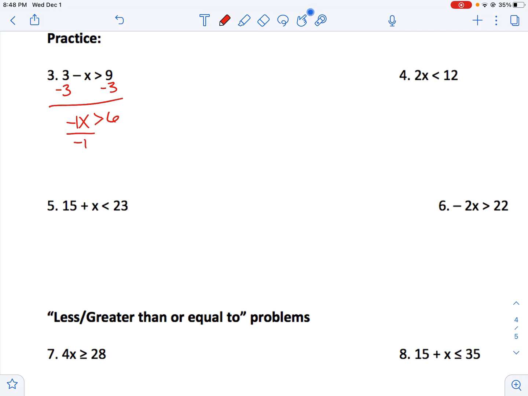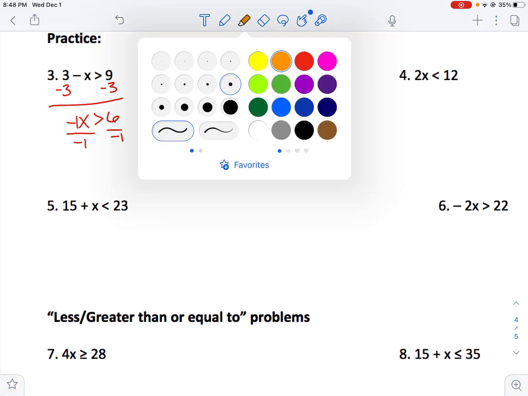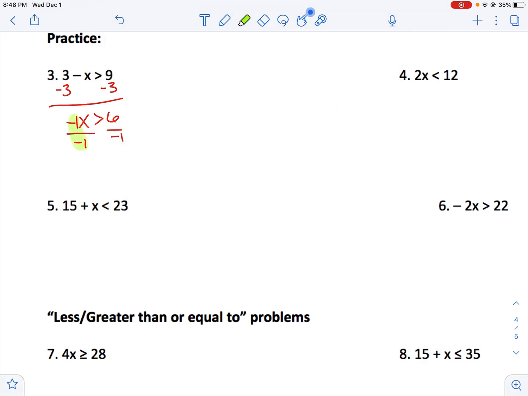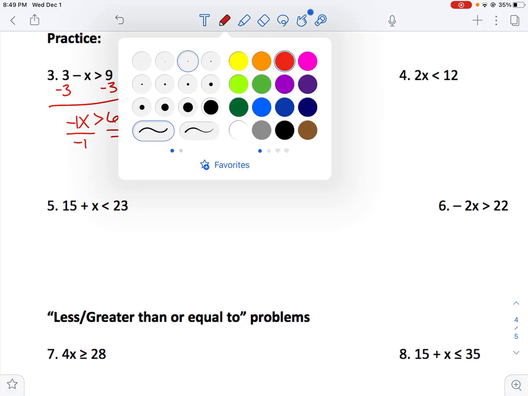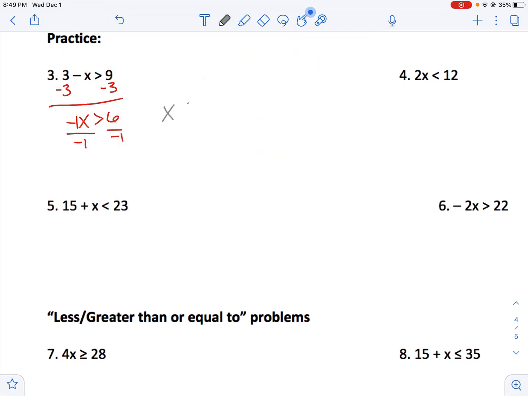So I need to get rid of that negative. And hold on, what just happened? I just divided by a negative 1. So I have to flip that inequality symbol, and 6 divided by negative 1 is a negative 6.